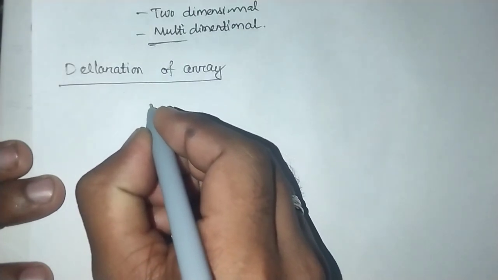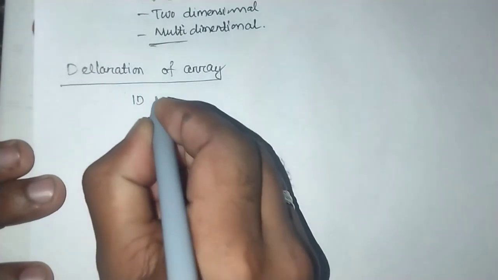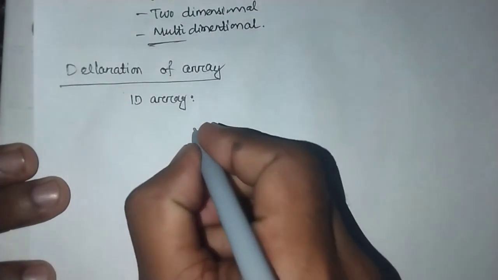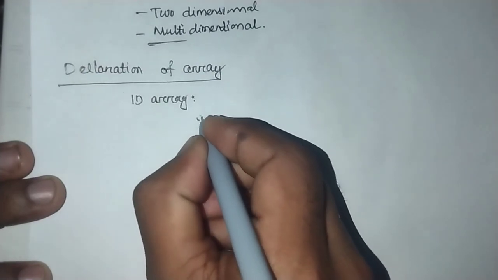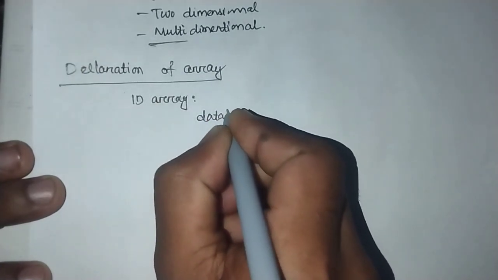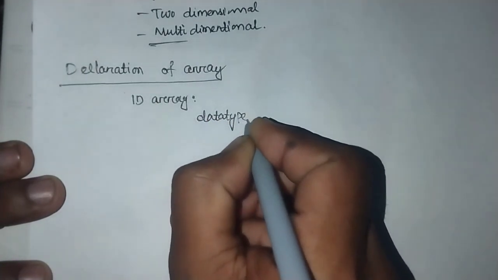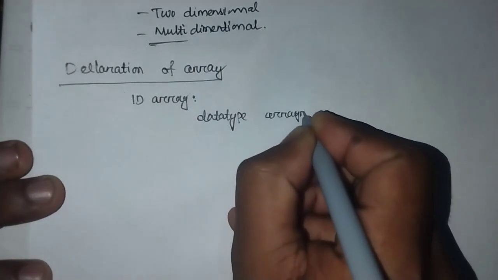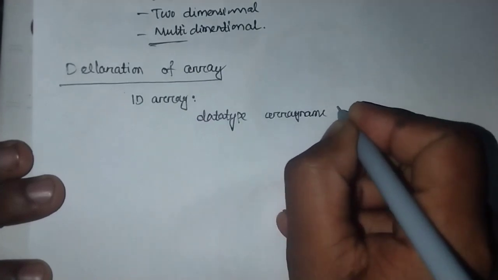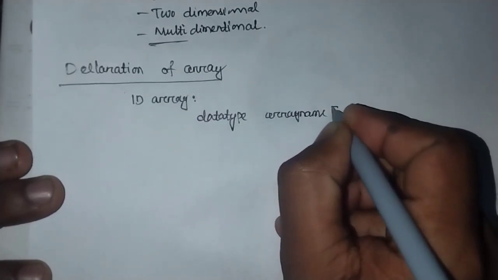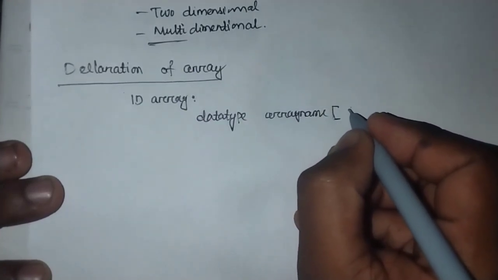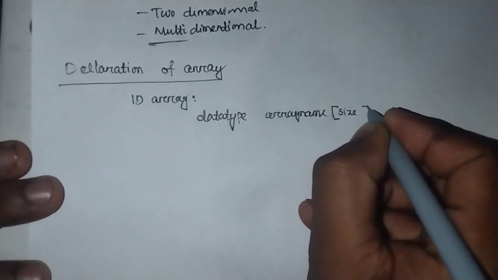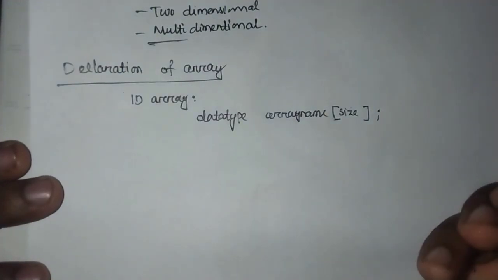For declaration of a 1D array, the syntax is data type, then array name. After that, there is a square bracket. Inside it, write the size of the array. After that, a semicolon.